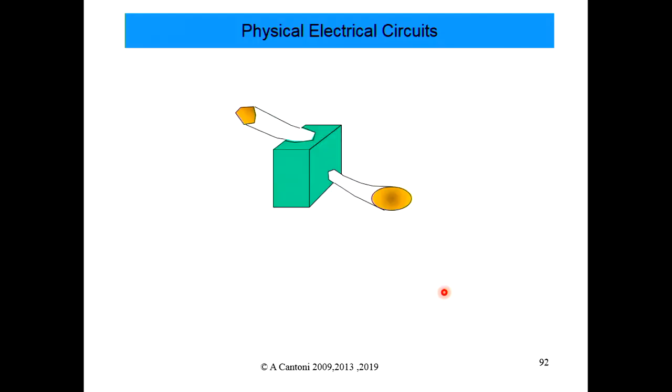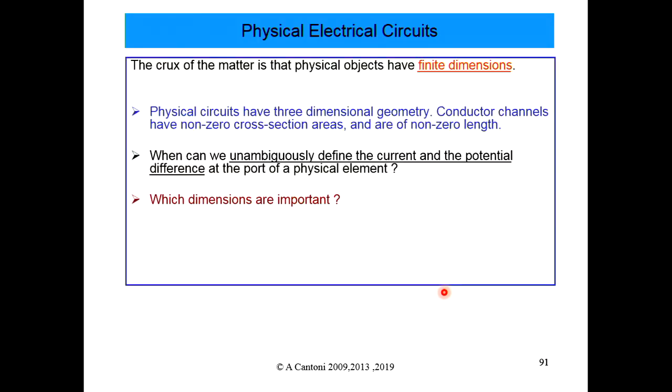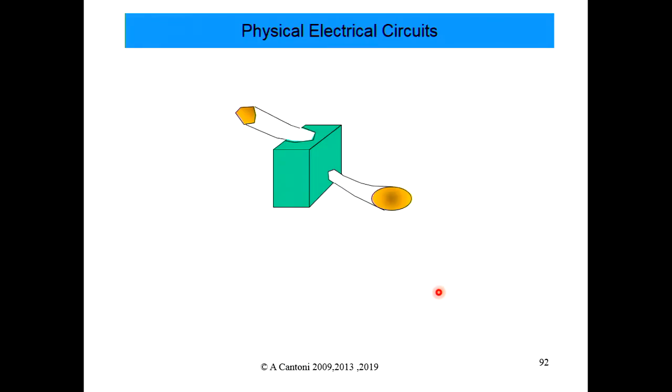So here you might have some physical circuit element, might be a capacitor, resistor, whatever, but it has wires connecting to it. And those wires have some finite size, and they will have a finite resistance, and they also have a delay involved with them, because the speed at which signals propagate is limited by the speed of light.